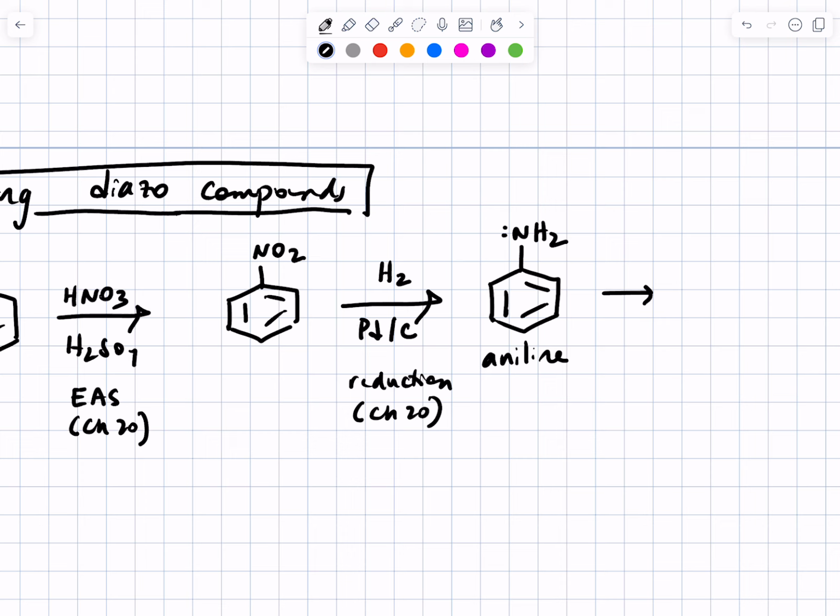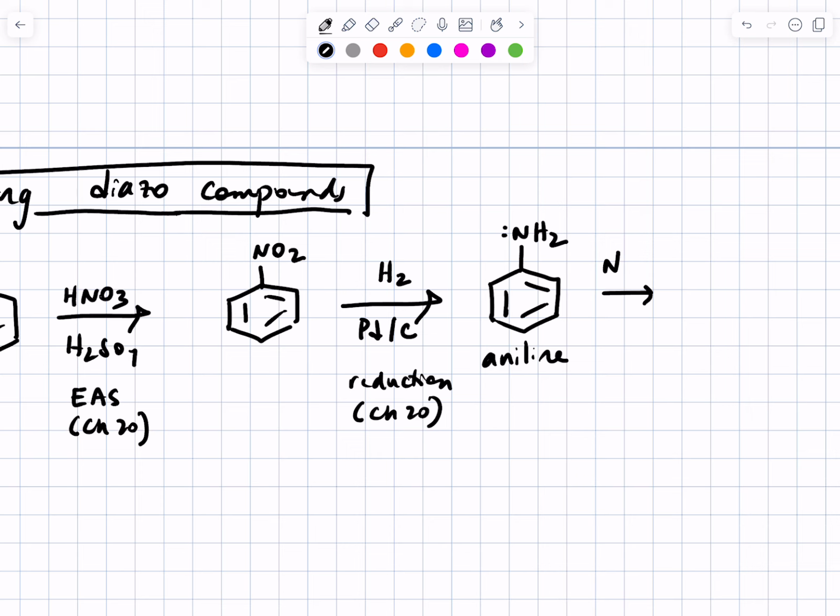In fact, I believe the study guide says don't worry about the mechanism at all. Let's just check on that. Do not worry about the mechanism, okay, yep, we're on solid ground. So I'll show you this reaction.